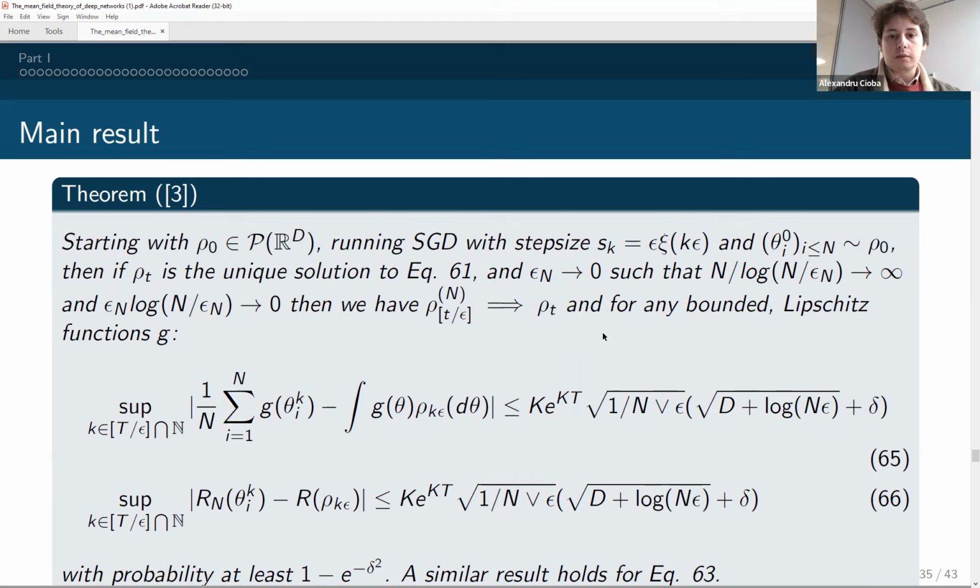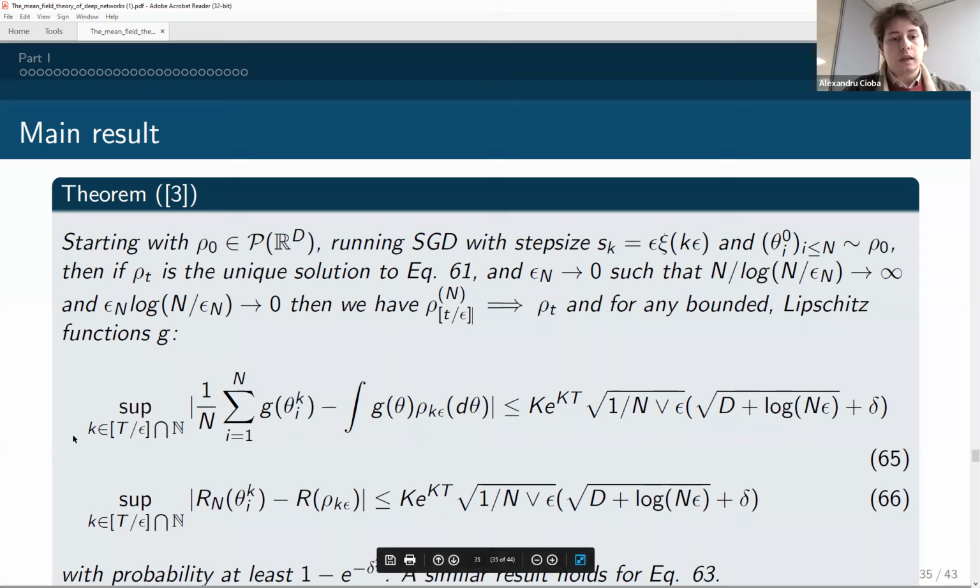Furthermore, you want to obtain some bounds on quantitative measures such as the outputs of the neural network or the risk.